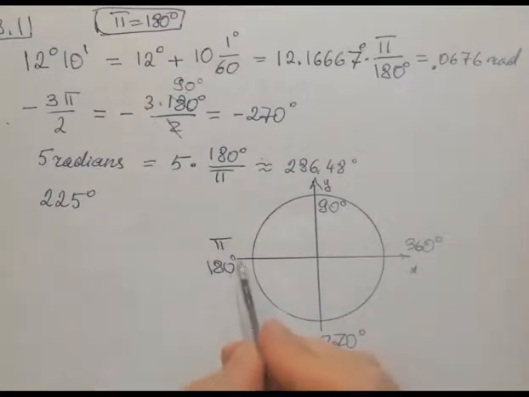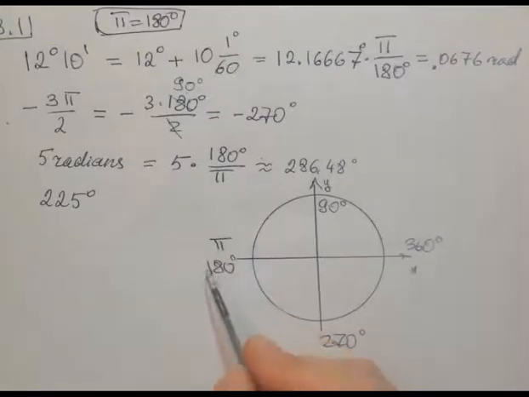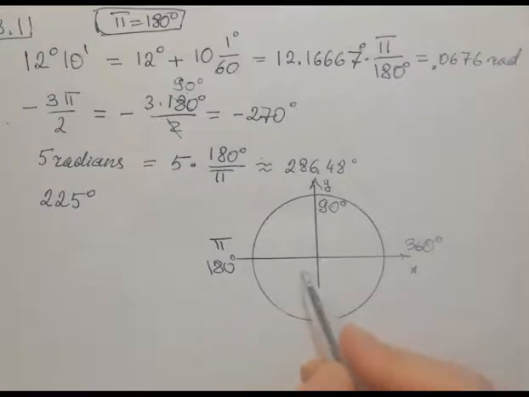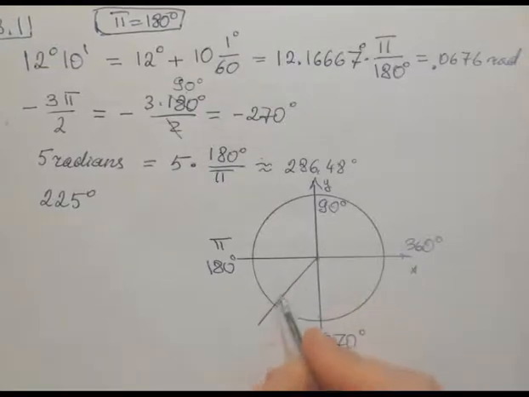The straight angle in radians is equal to pi, in degrees it's equal to 180 degrees. And maybe you remember already that 225 degrees is in the middle of the third quadrant. So it is 180 plus 45, and we get 225 degrees.